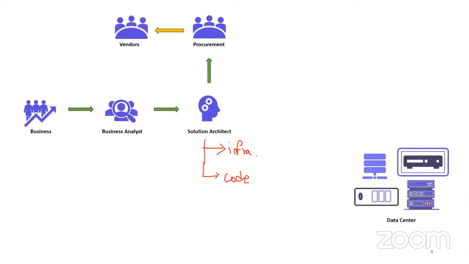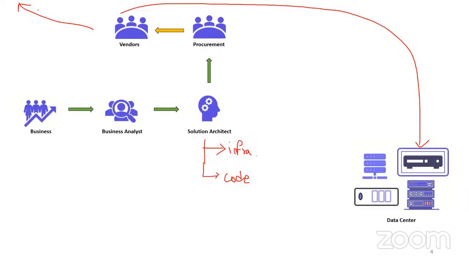Now the vendors team will take days, weeks, sometimes even months for the hardware to be purchased and delivered to the data center. Whatever additional hardware is required, they have to purchase it from online stores or offline stores.